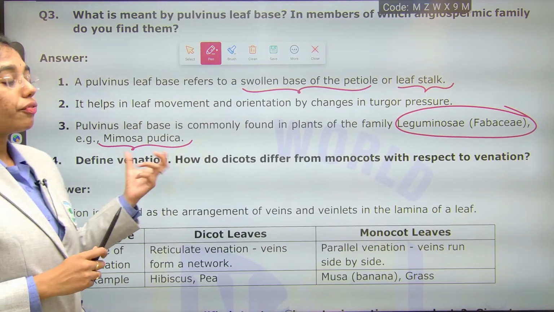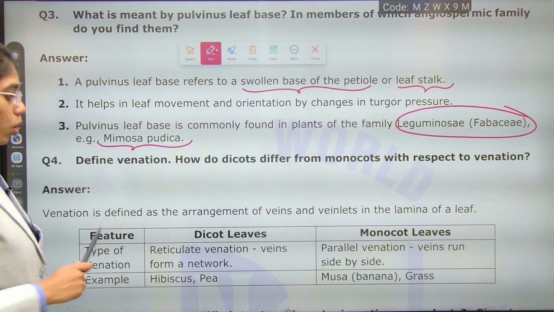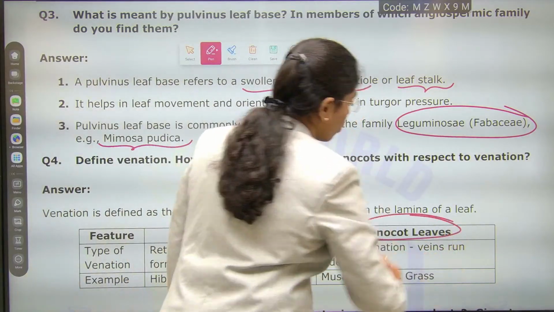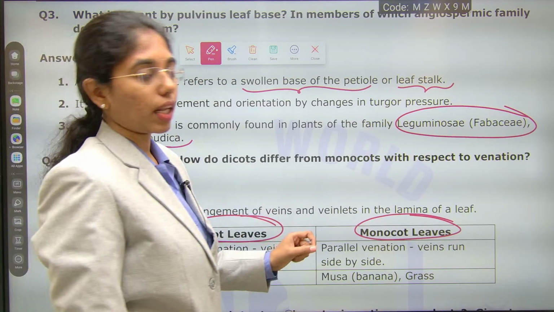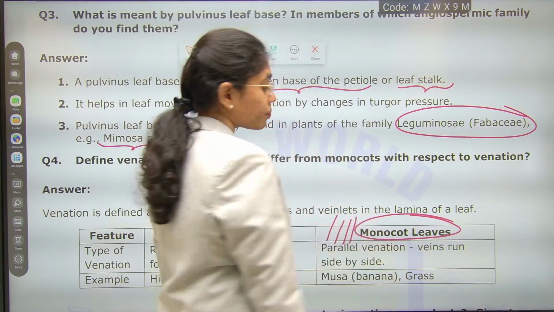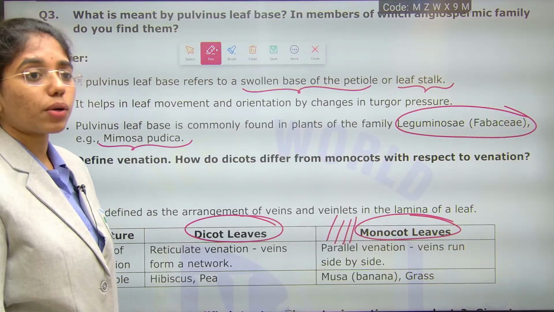Next is define venation. How do dicot leaves differ from monocot leaves? Dicot leaves will have reticulate venation, whereas monocot leaves will have parallel venation. Amongst reticulate venation and parallel venation, which is most advanced?